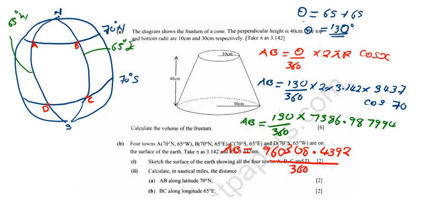When I divide that by 360, I'm getting AB equal to 2667.5234442. So now I can round off that answer to two decimal places, and AB is equal to 2667.52.